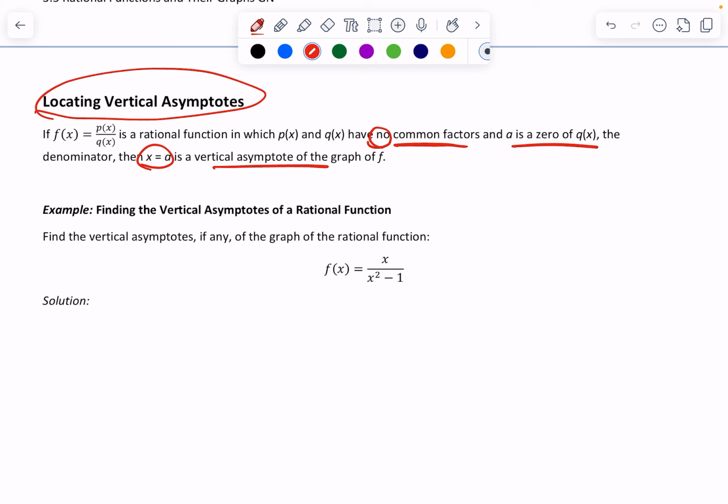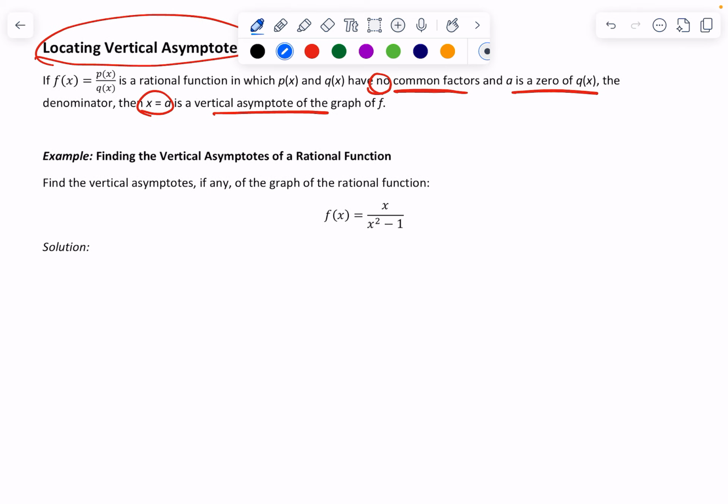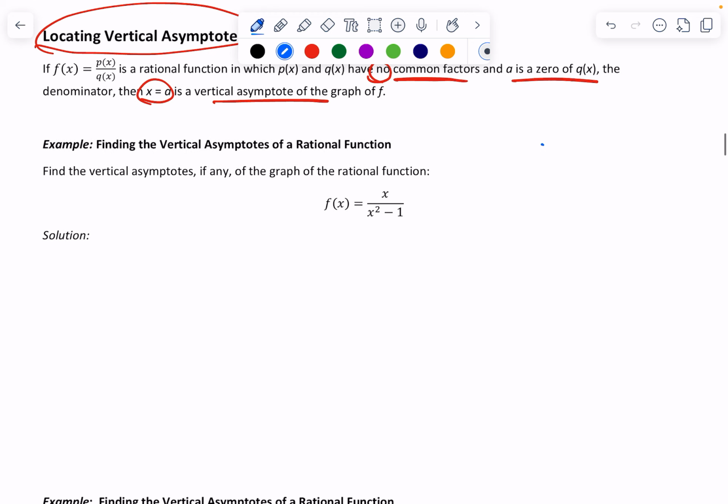So we have an example where we're going to find vertical asymptotes, if any, of the graph of the rational function f of x equals x over x squared minus 1. First we need to check for common factors. x is already factored, we can't factor it any farther. We're going to factor x squared minus 1, so we set it equal to 0 to find the zeros.